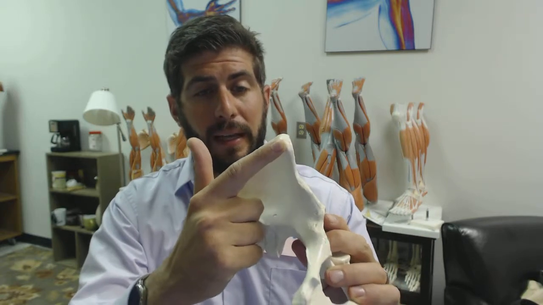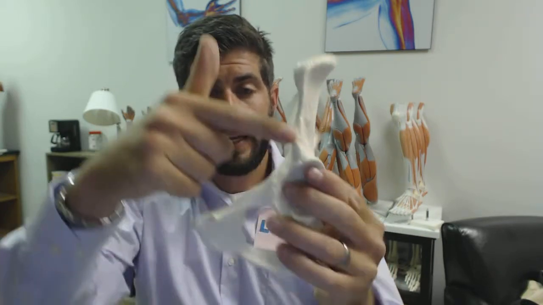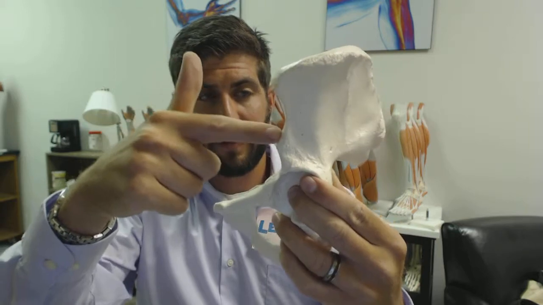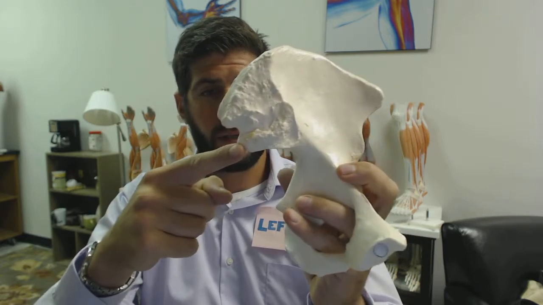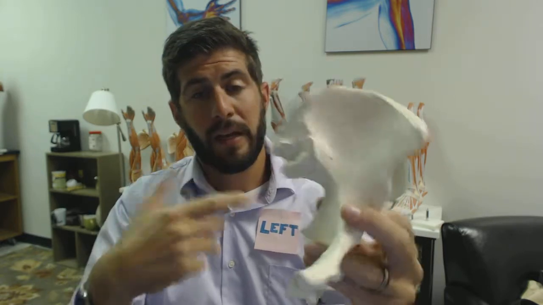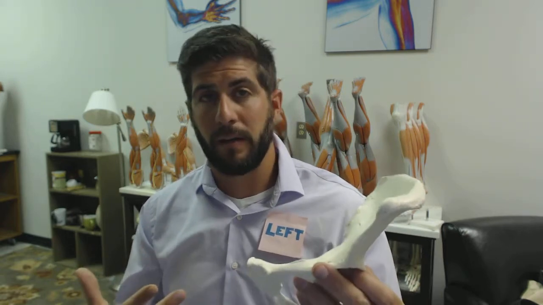You have the anterior superior iliac spine, anterior inferior iliac spine, and then on the posterior portion you have a posterior superior iliac spine, posterior inferior iliac spine. So that's why it's important to figure out left from right, because if you do, you know what's anterior, posterior, medial, lateral.